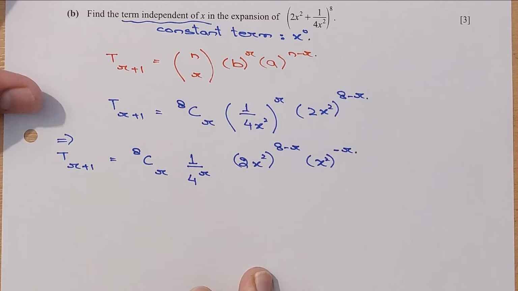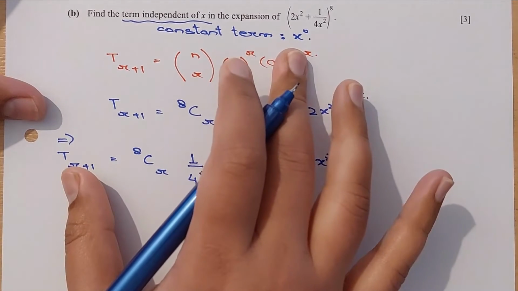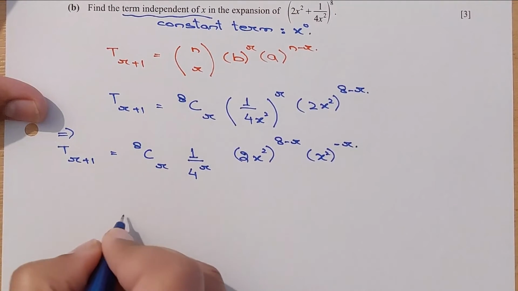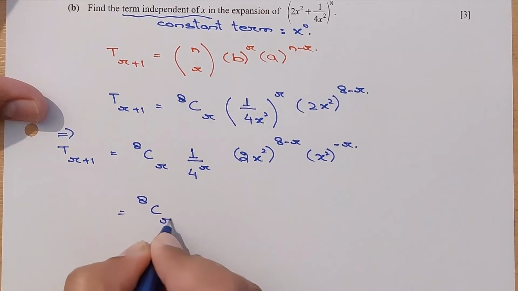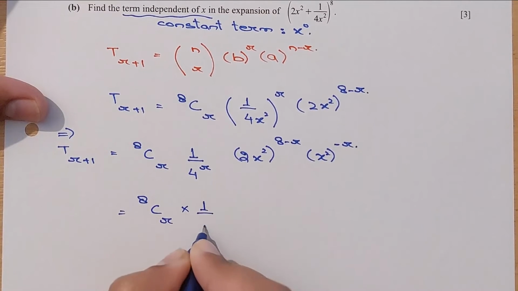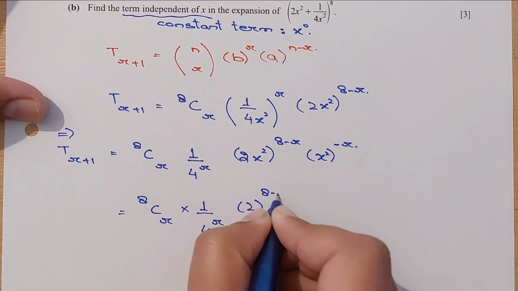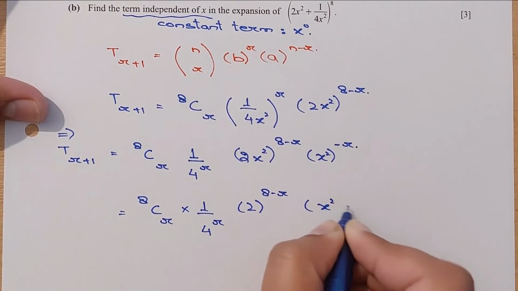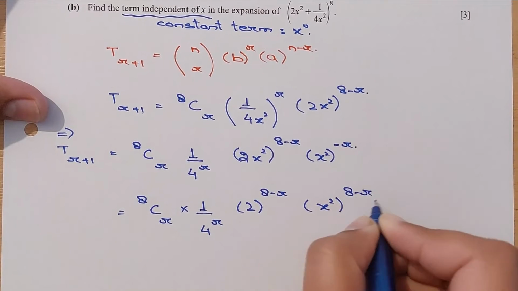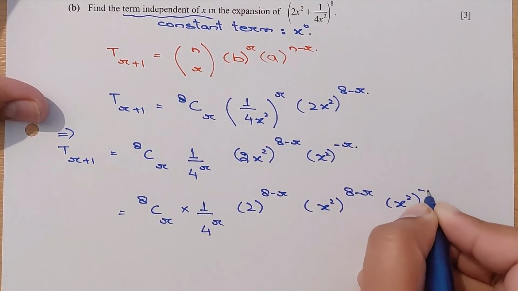Combining just the powers of x, we can put it equal to 0 to get the constant term. So 8Cr times 1 by 4 power r, 2 power 8 minus r as it is, x squared with power 8 minus r, and x squared with power minus r.